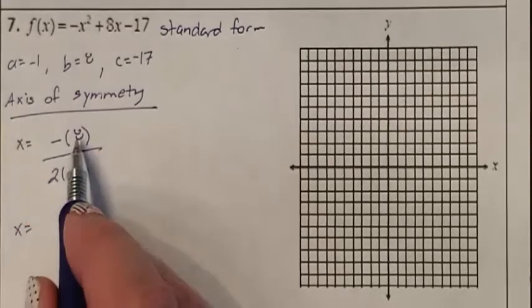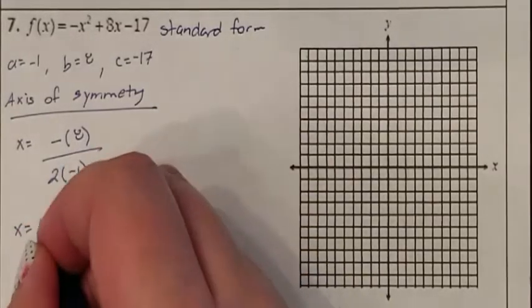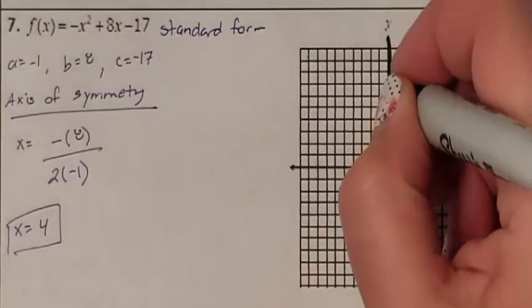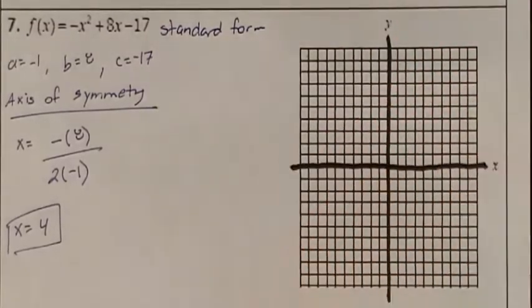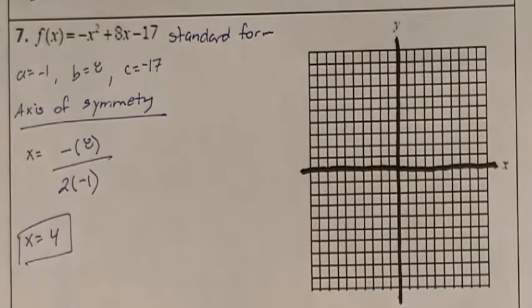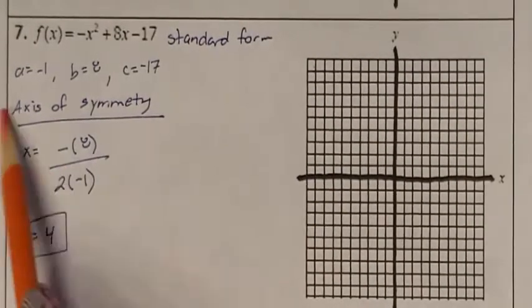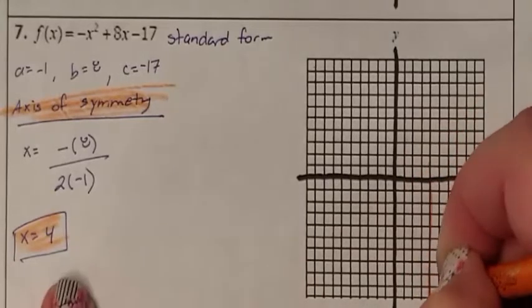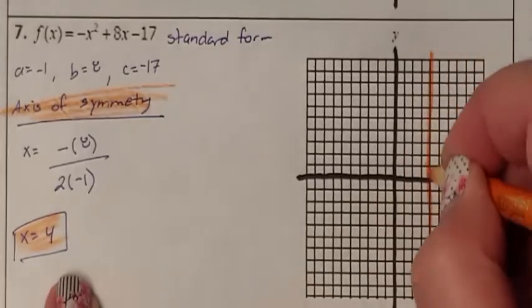I have -8 divided by -2, so my axis of symmetry is at x equals 4. I cannot see my x and y axis, so I am going to make them darker so they are easier to see. My axis of symmetry was at x equals 4, and that is at 1, 2, 3, 4. Here is my axis of symmetry.